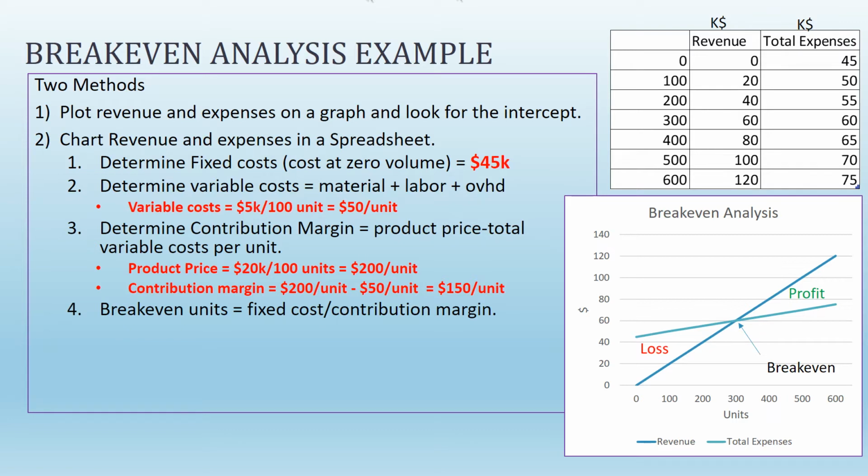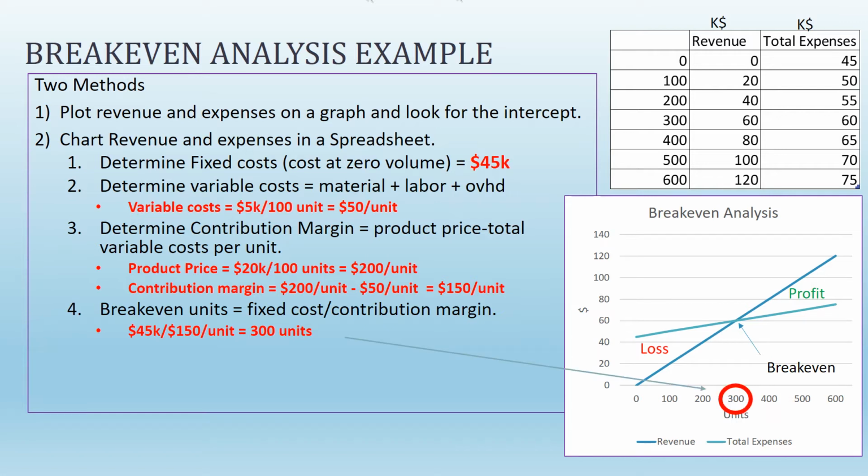Step 4 is to calculate the break-even units, which is equal to the fixed cost, which was $45,000, divided by the contribution margin, which we just calculated as $150 per unit. Therefore, the break-even units are $45,000 divided by $150 per unit, which is equal to 300 units.